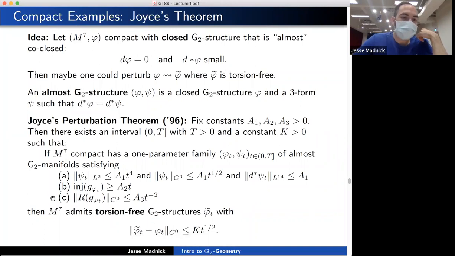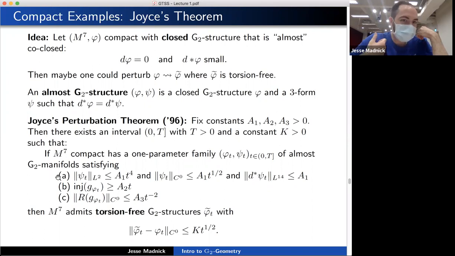Now, what are these 3 reasonable conditions saying? B is saying that you're allowing your family to degenerate, and C is saying you're also allowing your family to degenerate, but the degeneration as T goes to 0 is controlled. So the injectivity radius is allowed to go to 0, but it can't go to 0 too quickly. And the curvature is allowed to blow up, but it is not allowed to blow up too quickly. And moreover, this first integral, this psi, is going to 0, and it's going to 0 sufficiently quickly.